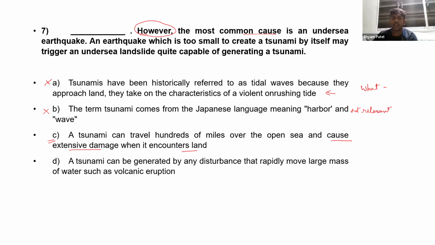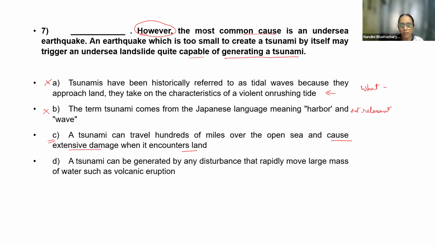However, the most common cause is an undersea earthquake. An earthquake which is too small to create a tsunami by itself may trigger an undersea landslide capable of generating a tsunami.